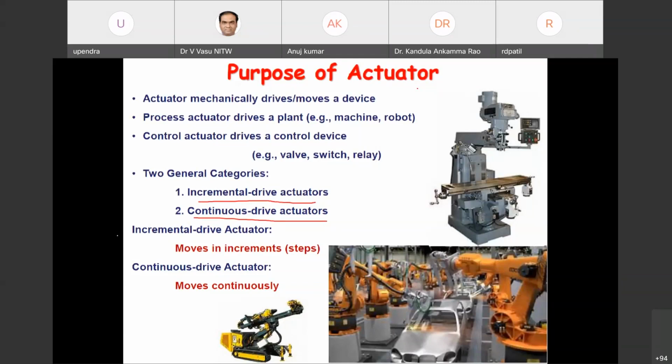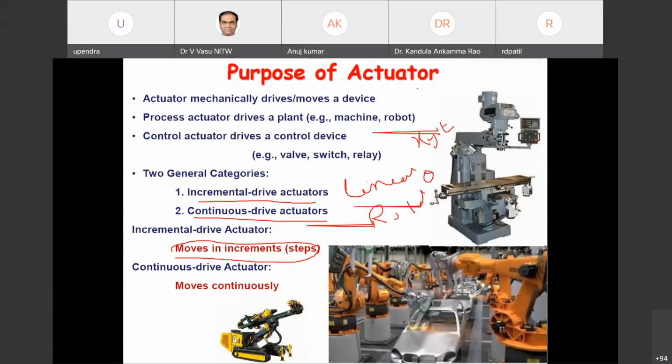Coming to incremental actuators, they move in incremental steps. The movement can be either linear motion or rotary motion. Linear motion means x, y, z movement, and rotary motion means theta movement.